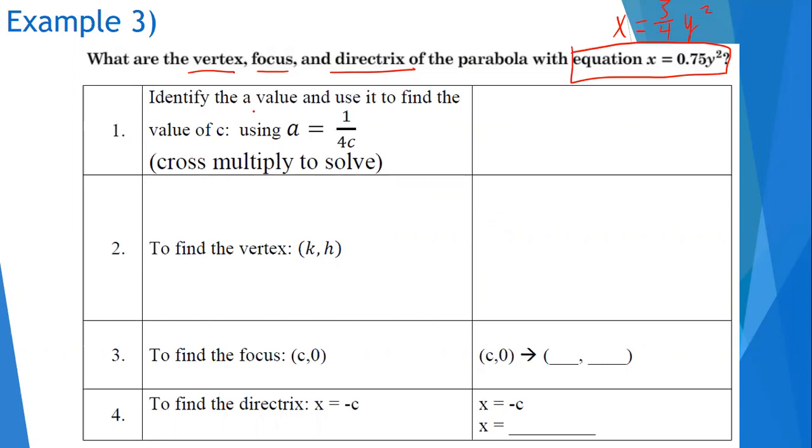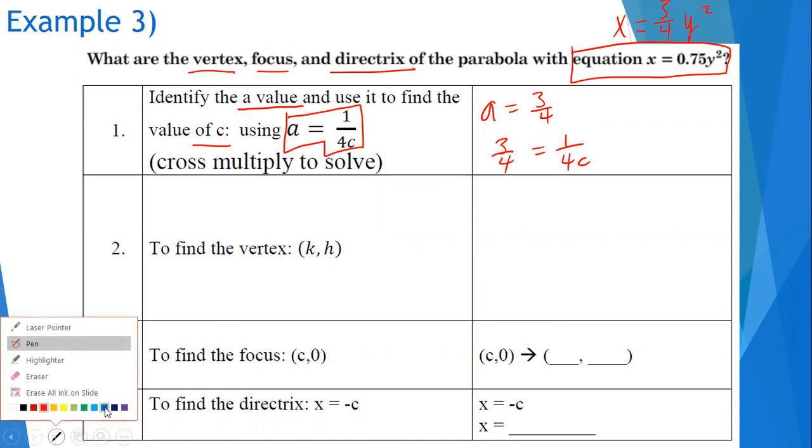All right, so identify our a value and use it to find our c value. What is the a value in this problem? a equals 3/4. Just like yesterday, a equals 3/4 in our equation, and the rule for a is a equals 1 over 4c. So I can set those two things equal to each other and do what to solve?